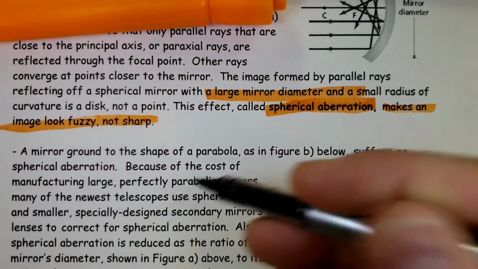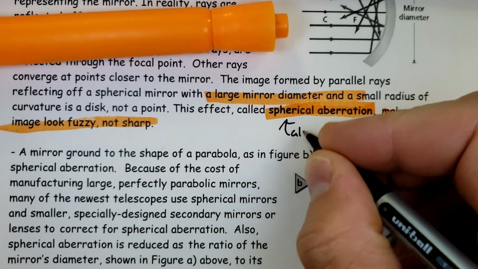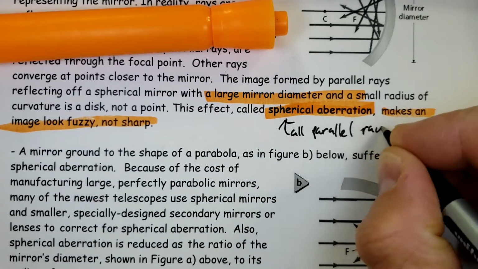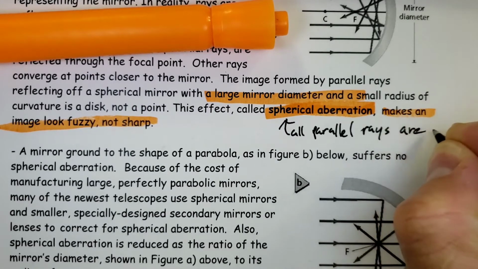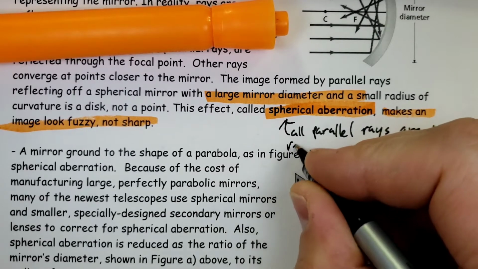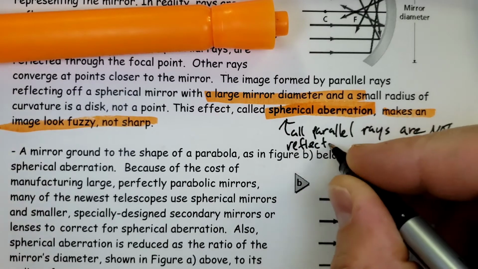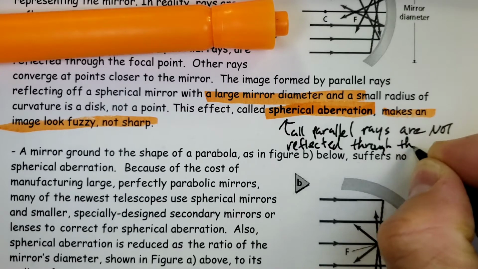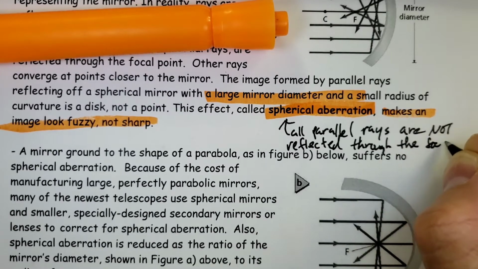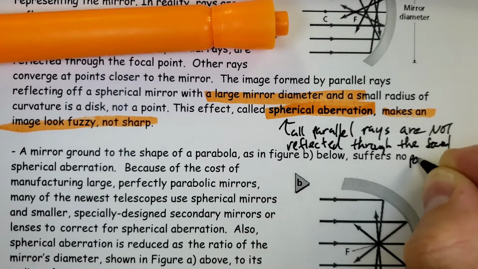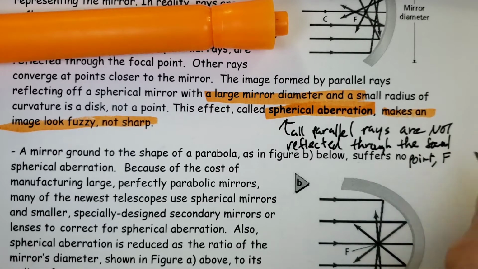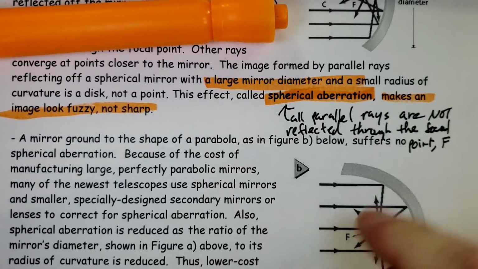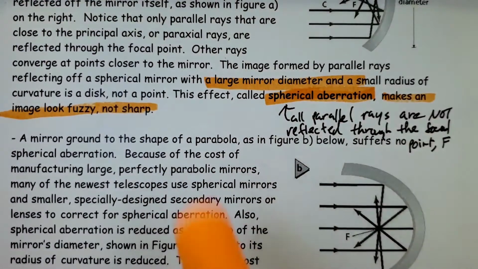It's due to all parallel rays not being reflected through the focal point F. A mirror ground to the shape of a parabola, as seen over here, though, suffers no spherical aberration.